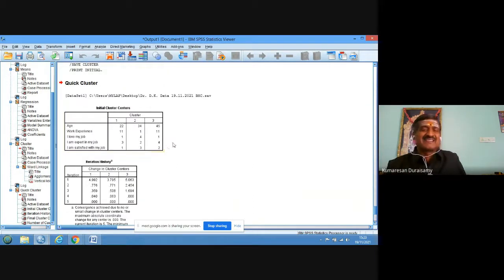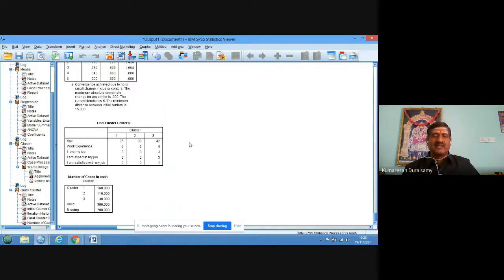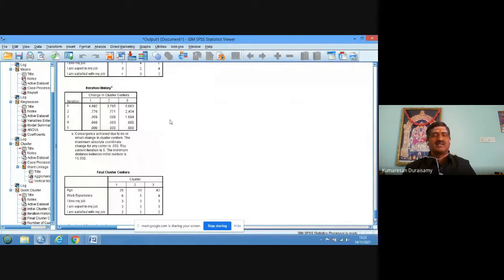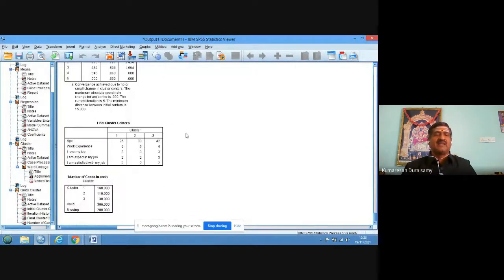In the initial cluster center, some results are given. We need not bother about this because final is only required. Look at the iteration history. This is also not required for us because it is made for forming the clusters. We need to bother about these 2 only.